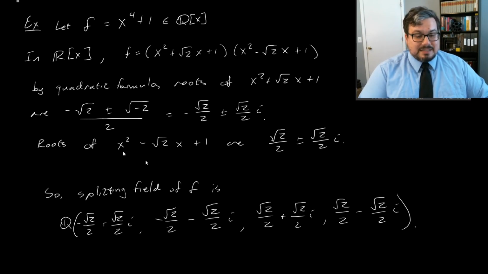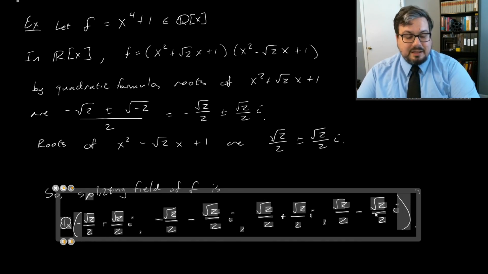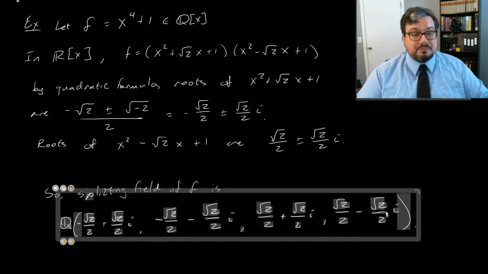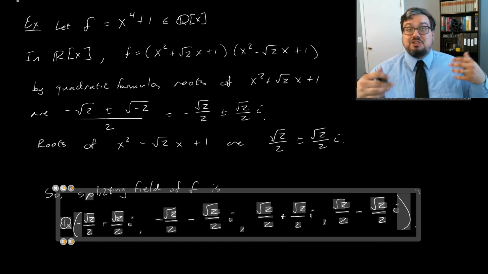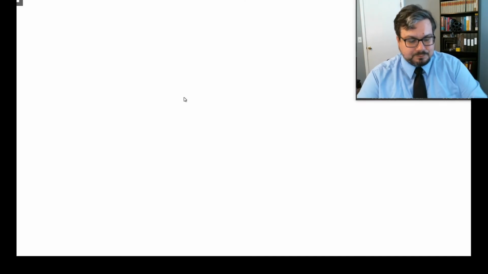Now this is technically correct, but usually we will want to find a more efficient way of writing down the splitting fields, and generally that means simplifying and reducing the number of generators that we have here.